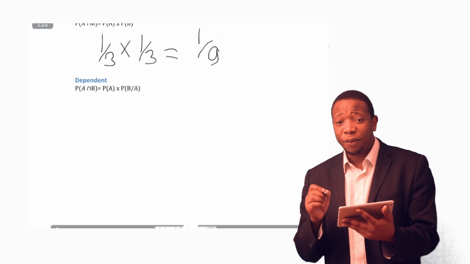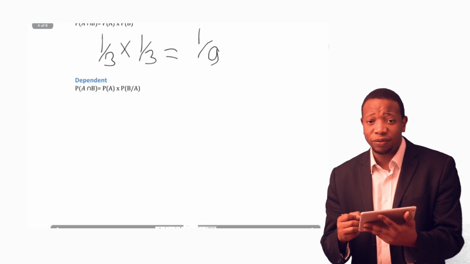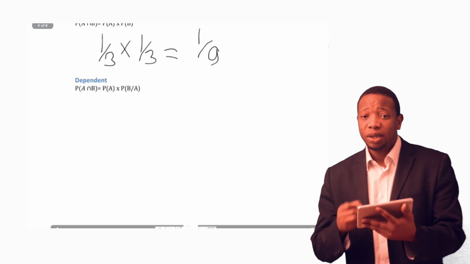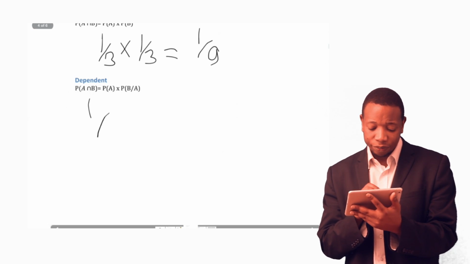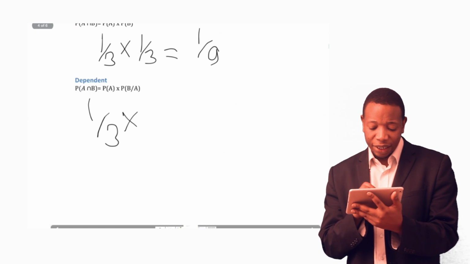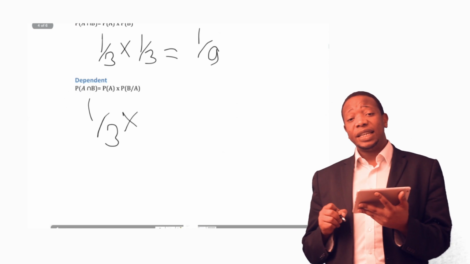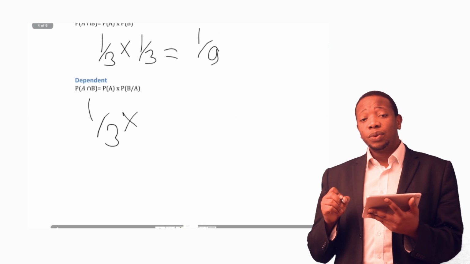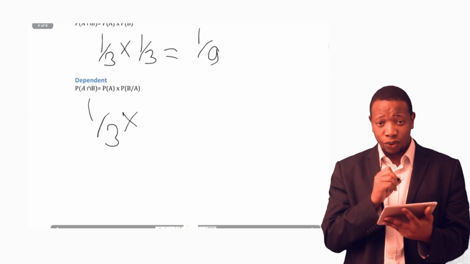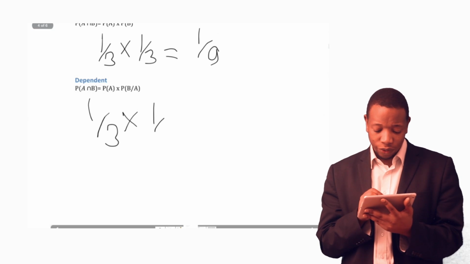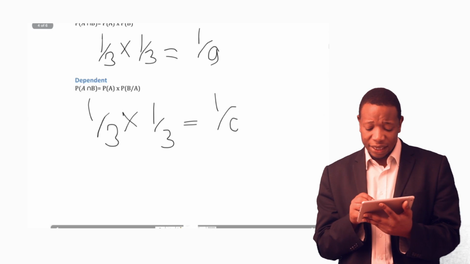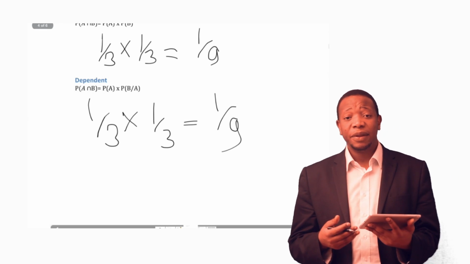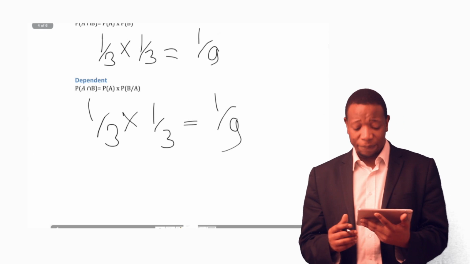So we could be looking at the probability of going to town. Let's keep it simple there, and we just say the probability of going to town would be 1 over 3. Then we would multiply it with the probability of going to the cinema if you go to town. That would be 1/3. Now, with other questions, obviously you would get a different answer, but this one we just get the same answer because I've simplified it in a way.